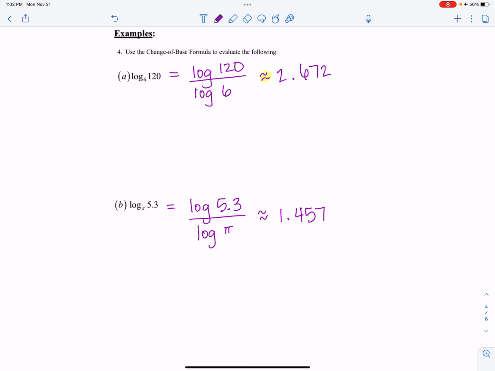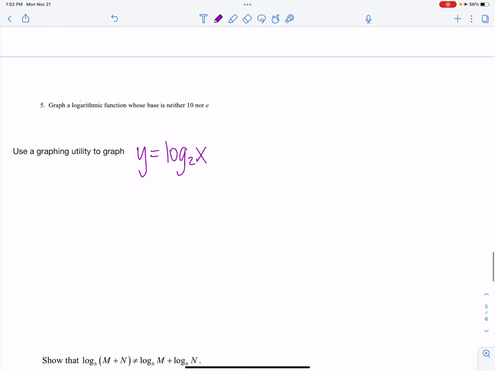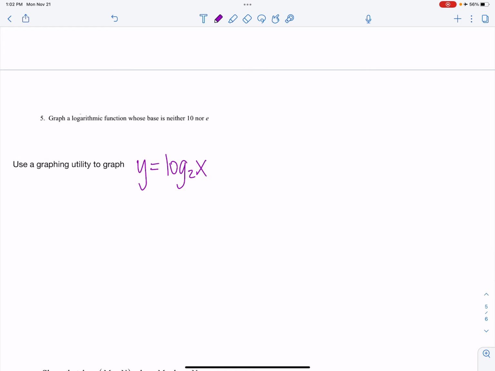So now we have these approximations, we have these values for these logs that we couldn't figure out before, but now that we have our change of base formula, we can get an approximate value. And it helps us do more than just that. It's very important, and here's another reason why.